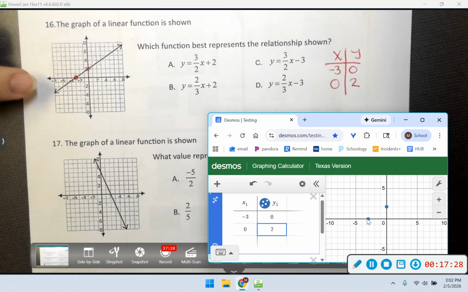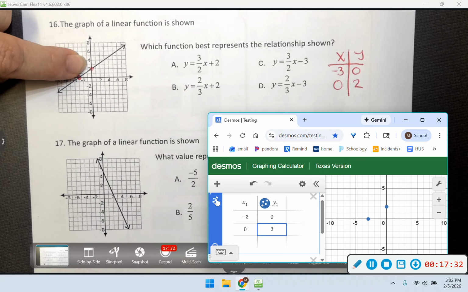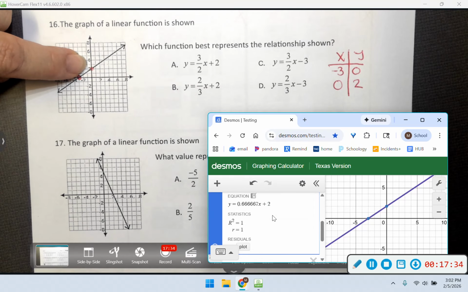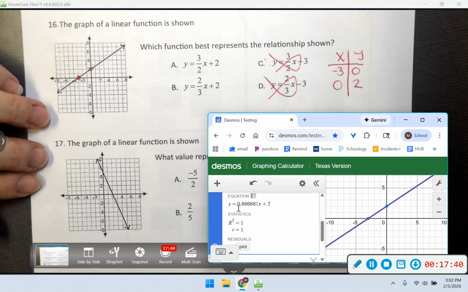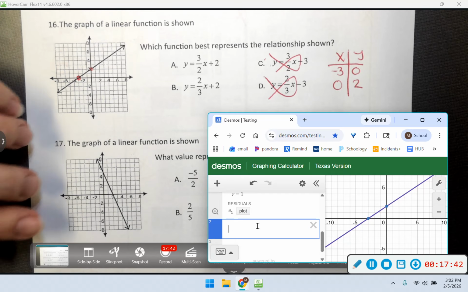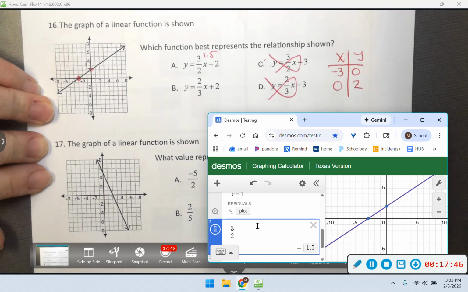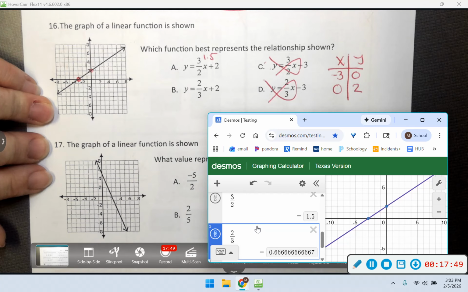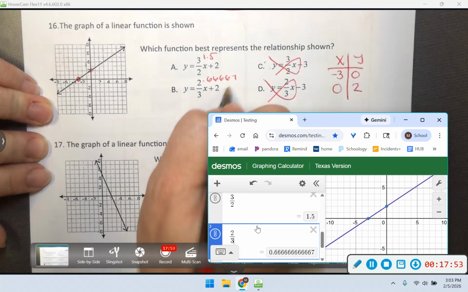Is that in the same spot as my negative 3? Yes. Is that in the same spot as my 2? Yes. So now I click our fancy button. And we know it's going to be 0.6 repeating plus 2. Well, I can cross off C and D right away because those don't work. And then I could divide 3 divided by 2. This would be 1.5. And then 2 divided by 3 would be 0.6 repeating. So this is my answer.